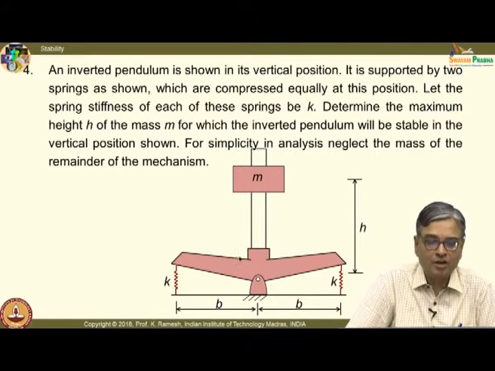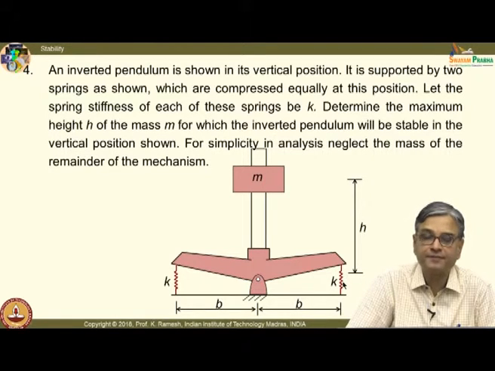This is slightly involved. You have a mass, you have two springs, and these springs help it to maintain stability. What is stated in the problem is: the vertical pendulum is supported by two springs as shown, which are compressed equally at this position. They are not in the normal condition, they are compressed because of the weight.